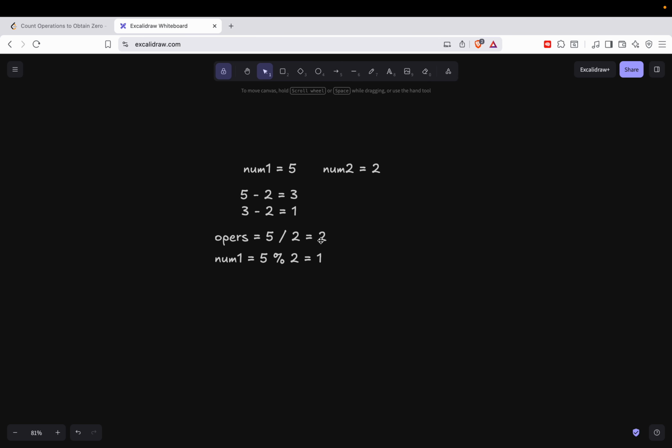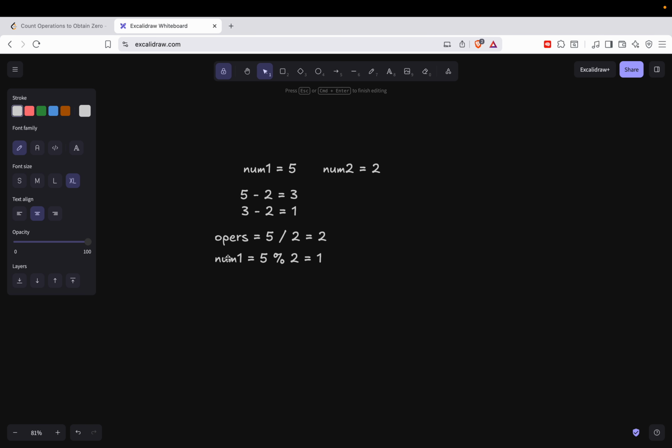Once we have done these many operations, the final state of num1 can be obtained using the modulo operator. 5 modulo 2 is 1. So in the final state, num1 is 1 and num2 is 2.